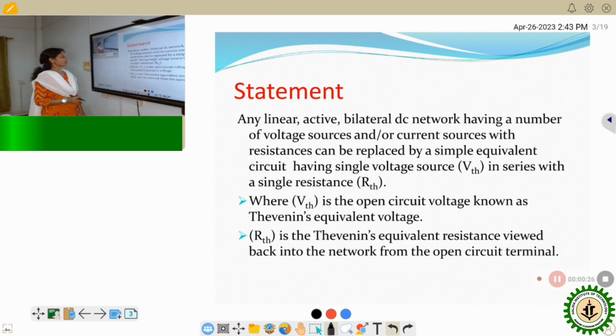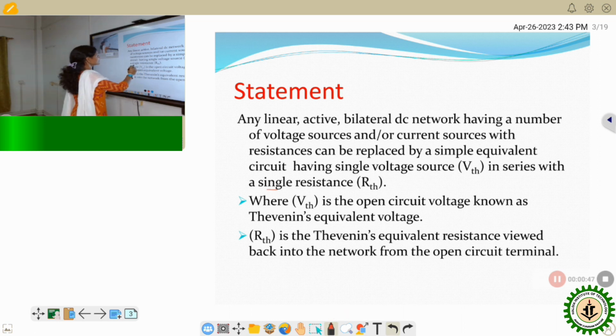This is the statement. Any linear, active, bilateral DC network having a number of voltage or current sources with resistances can be replaced by a simple equivalent circuit having a single voltage source VTH in series with a single resistance RTH, where VTH is the open circuit voltage, that is also known as the Thevenin's equivalent voltage.